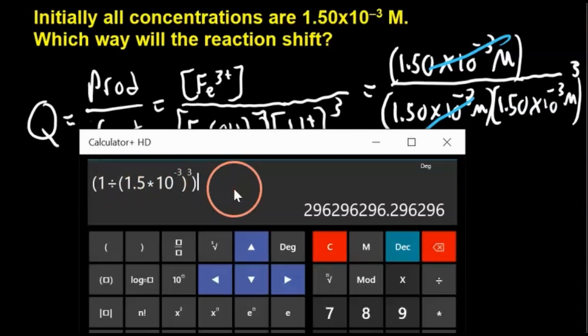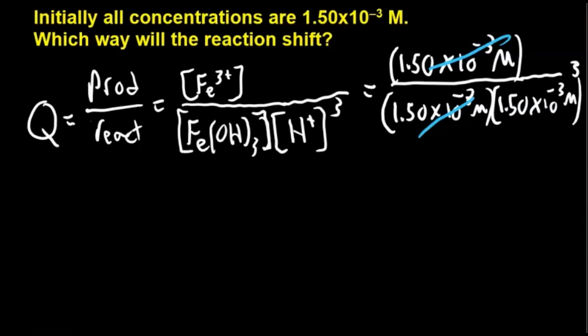So that is a huge number. It's 2.96 times 10 to the 8. So now this is where we're at. We have a lot of product, 10 to the 8 over reactants.